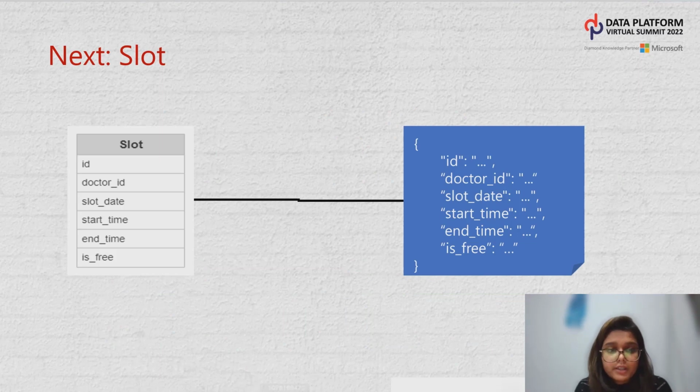Now coming to slot. For slot we have ID, doctor ID, which determines for which doctor this slot is, slot date, start time of the slot, end time of the slot, and whether the slot is free or not. So we just create a similar JSON document.